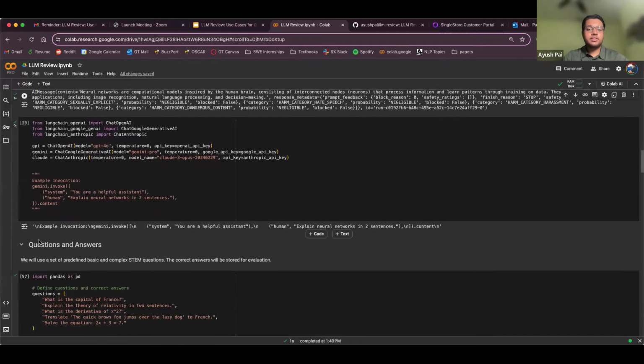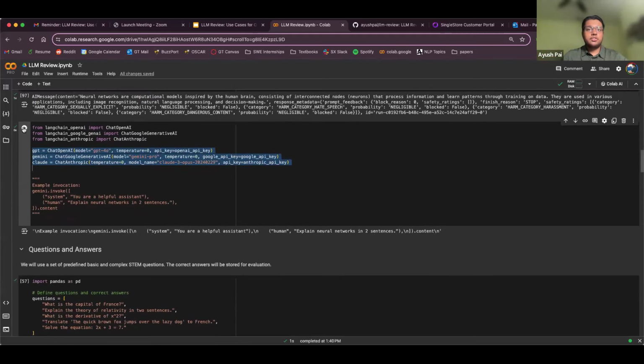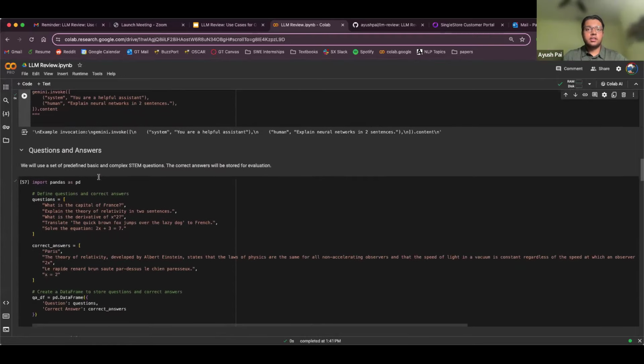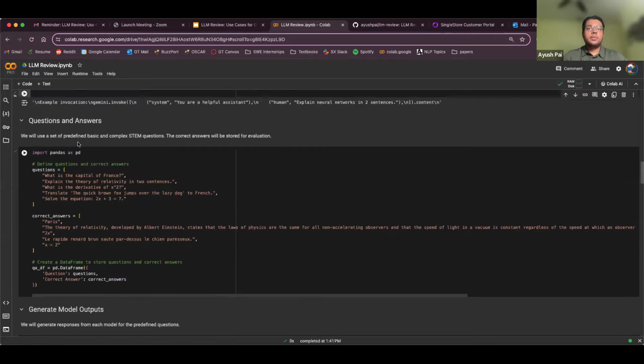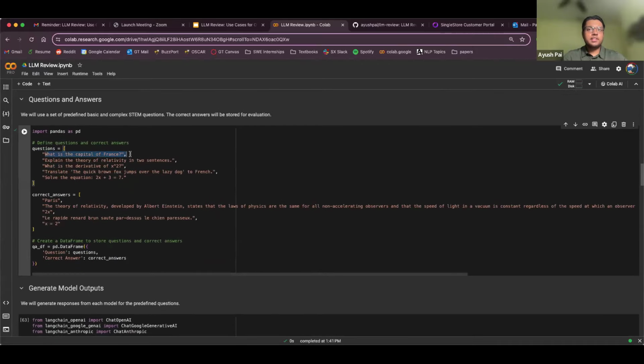But yeah, we have this next part here, where we're going to define these models that we kind of already did earlier. So that was just a declaration there. But what we're going to do here is define some questions and answers. And we already know the correct answers to these questions, right? So we say, what is the capital of France?